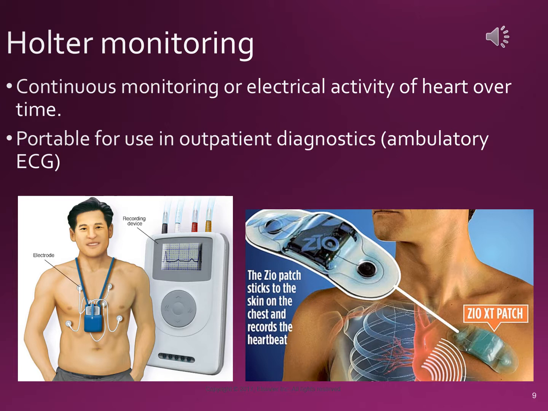And what this does is it monitors for an arrhythmia over a longer period of time, usually 2 to 3 days, and people will monitor their activity and write in a little diary. I went for a walk, I climbed some stairs, I did this, I did that. And then also, did you have symptoms? Did you feel palpitations or chest pain or whatever? So it's used for outpatient diagnostics.